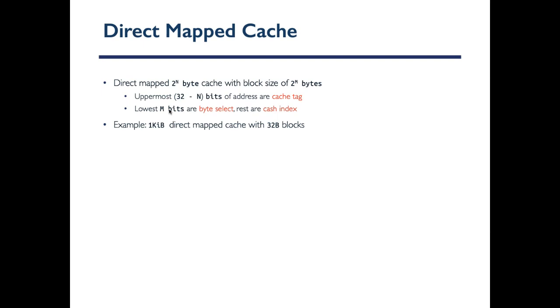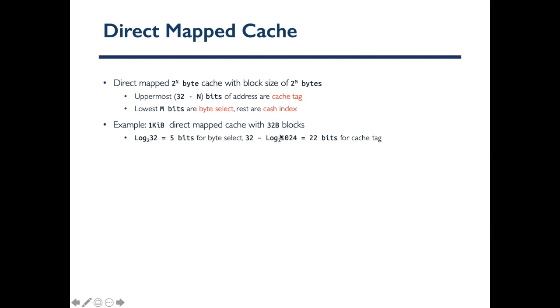Now let's look at an example. Let's say you have a 1 kilobyte direct map cache with 32 byte blocks. So using the formula above, 32 bytes means 5 bits for byte select.